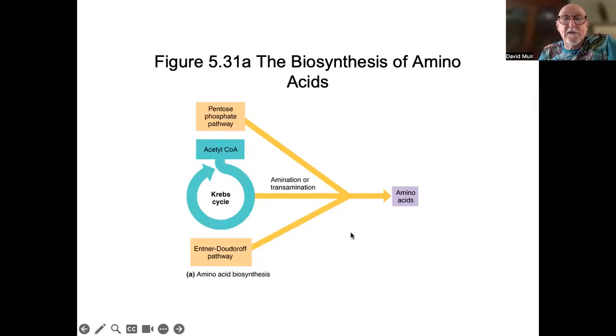Amino acids are also manufactured from these precursors, but very importantly, amino acids are produced from the pentose phosphate pathway and from Entner-Doudoroff. This may, in fact, be one of their most important functions in those cells that have them. But amino acids can also be produced from the intermediates of the Krebs cycle as well.